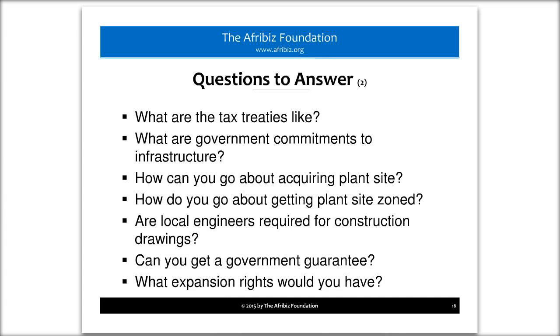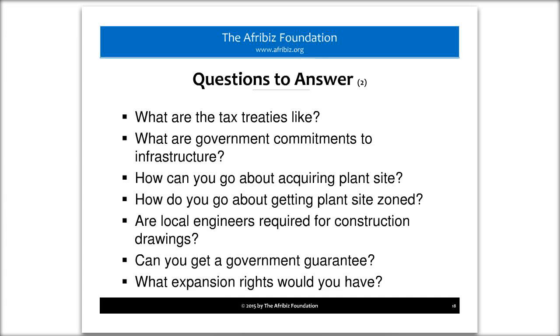They could require that you use local engineers for construction drawings. Countries are looking for you to have local partners. And so in some cases, even in ownership, in some countries, they look for you to have 20-30% local ownership. So you have to know these factors before you make a large investment into the project.